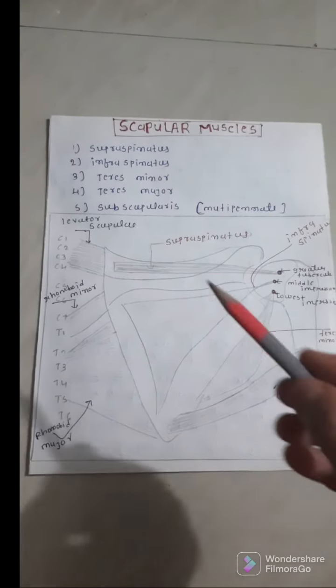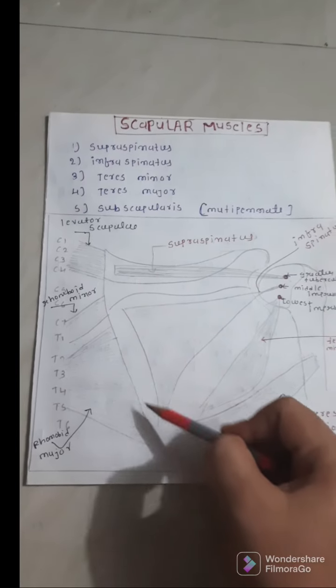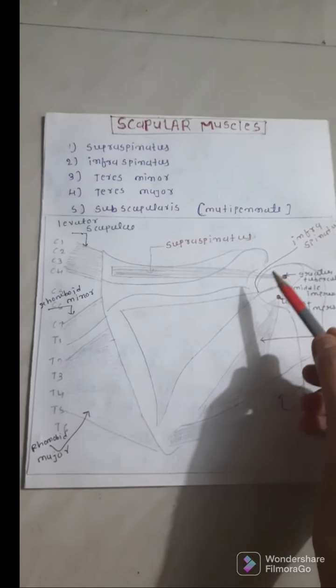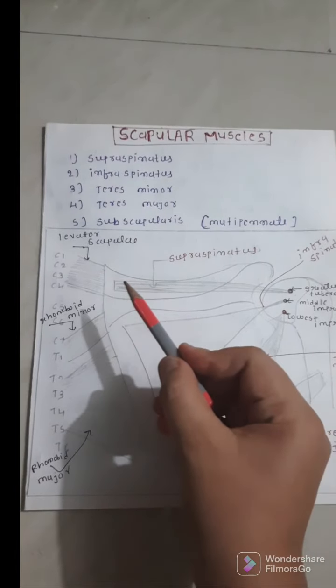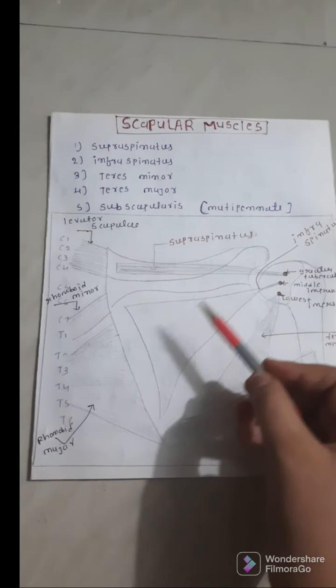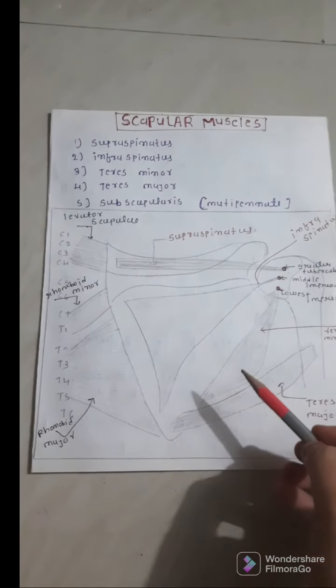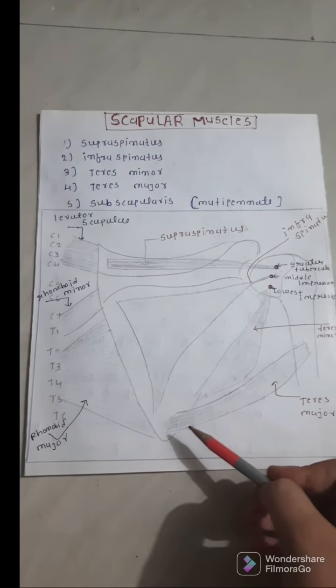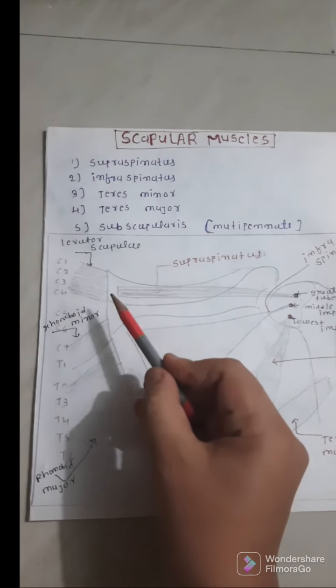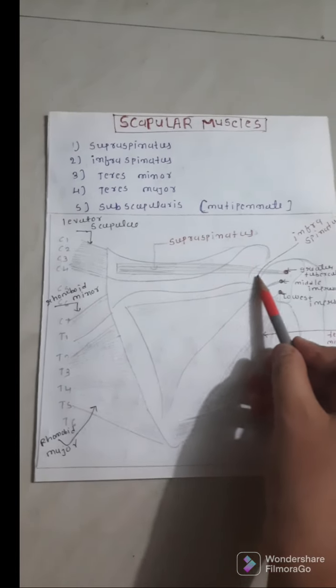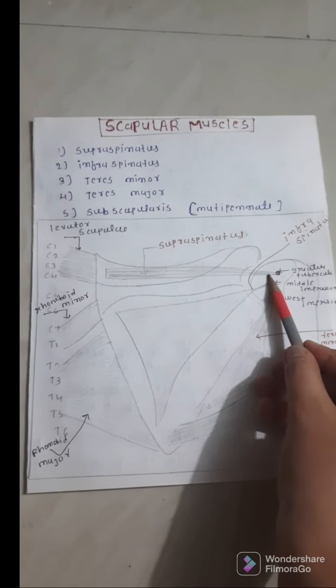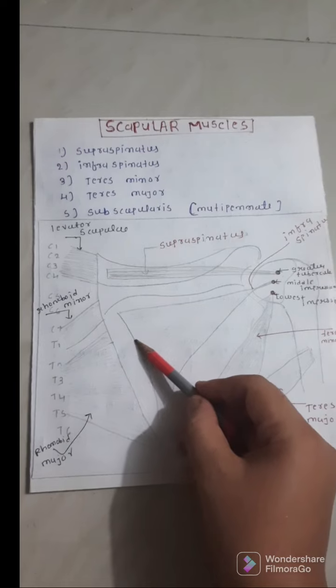draw the diagram. This is scapula, this is humerus. This is supraspinatus, this is infraspinatus, this is teres minor, this is teres major. Supraspinatus: origin and insertion at the greater tubercle, upper impression.